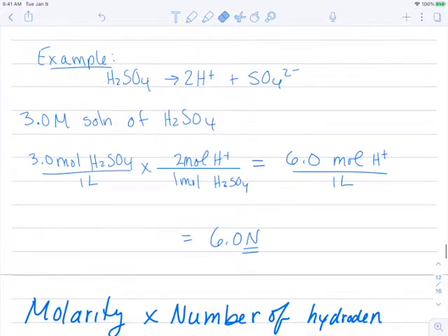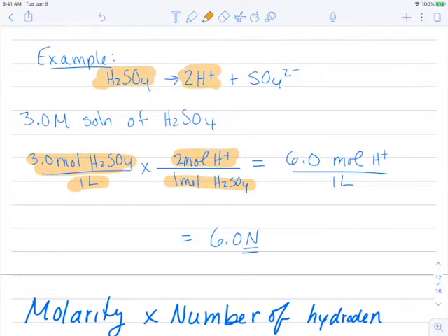The first example I have here is with sulfuric acid. If we want to convert this from moles of acid into moles of hydrogen, we could say that 3 molar is 3 moles per every 1 liter. Now I use the conversion: for every 1 mole of sulfuric acid, we get 2 moles of hydrogen.